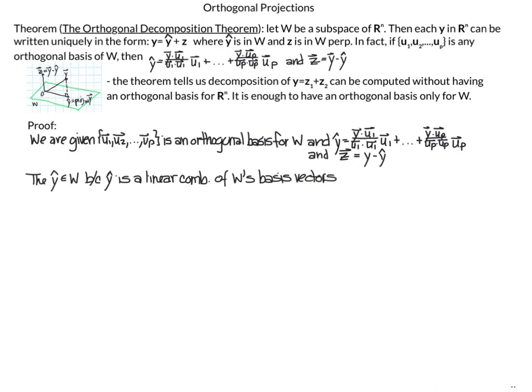We start by showing that this formula gives us y hat in W. Well, y hat is in W. That's pretty straightforward because y hat is a linear combination of the basis vectors of W. So this part works out fairly easily.